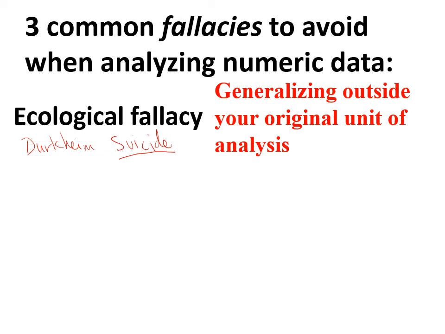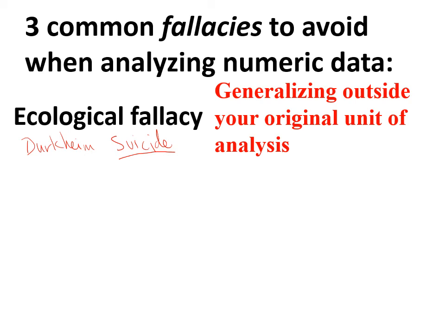Durkheim was an early sociologist, and he had data on suicides by location in different parts of France, actually maybe even different parts of what we would now think of as Western Europe. And the problem was that he was then saying that individuals from certain locations were more likely to commit suicide based on these data, even though they weren't individual level data.